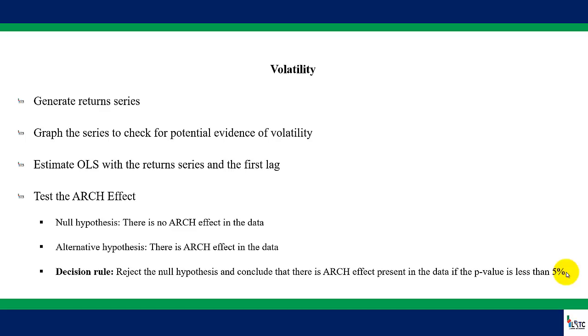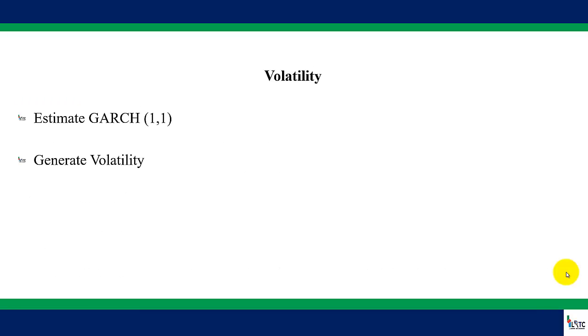The key point here is that this ARCH effect confirms that it is possible to make use of the ARCH-GARCH family model for our volatility generation. Now, once you have confirmed that there is ARCH effect, then you estimate your GARCH(1,1) model and generate volatility.